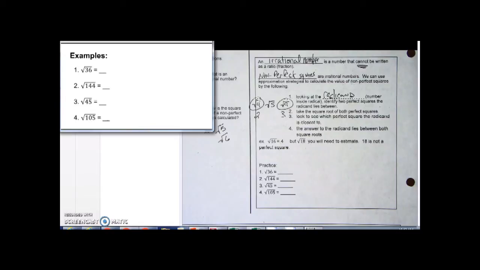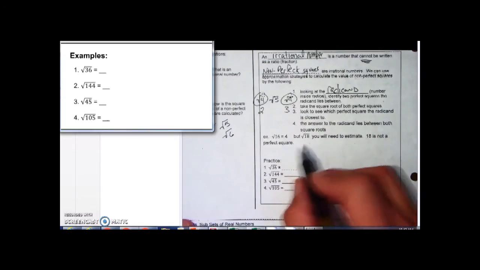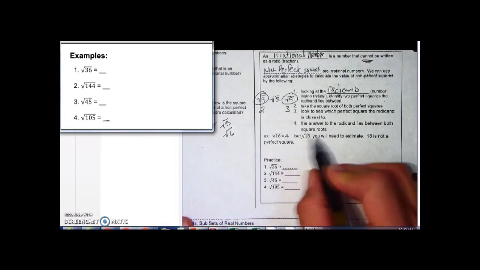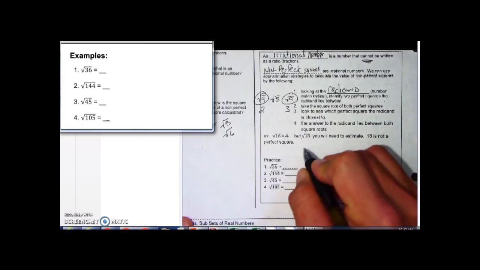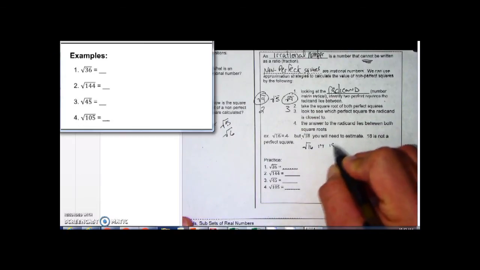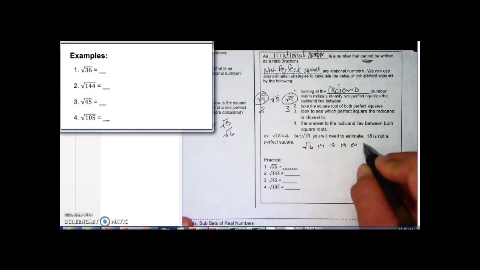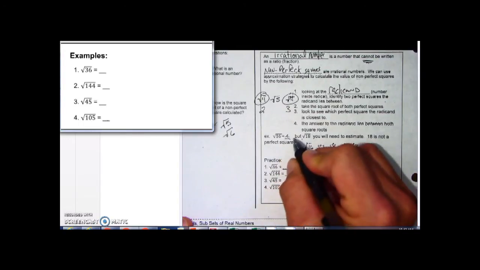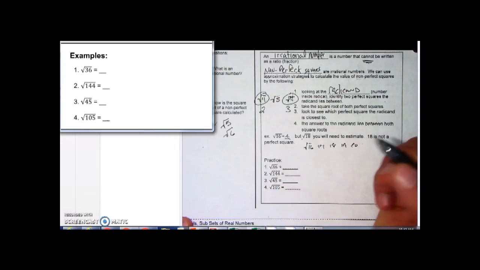Okay. All right. So let's do this example from before. The square root of 16 is 4, but the square root of 18 we need to estimate. So here we have 16, 17, 18, 19, 20. What's the next number up from 4? 5.